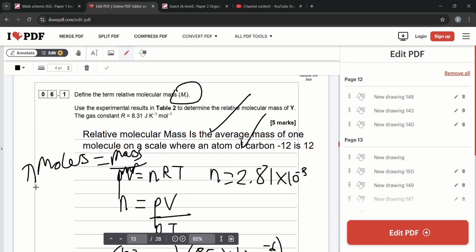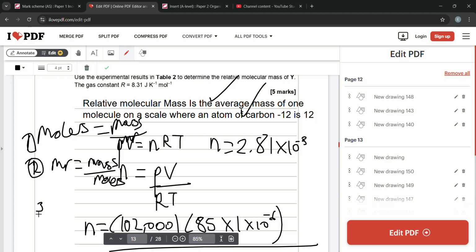So therefore, Mr equals mass divided by moles. Mr is equal to 0.21 divided by 2.81 times 10 to the power minus 3.